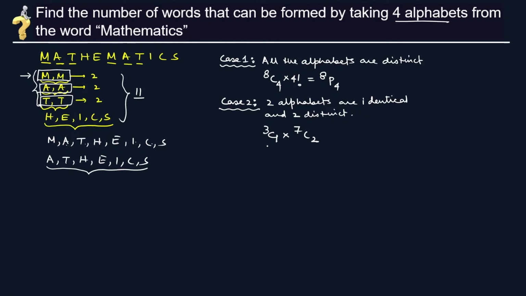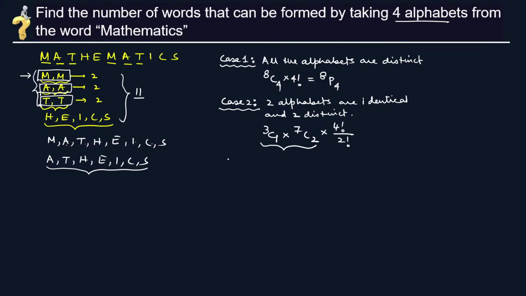In these 4 alphabets which you have selected, 2 are identical and 2 are distinct. Now you have to form the word. These 4 alphabets will arrange among themselves in factorial 4 different ways, but two alphabets are identical, so it has to be divided by factorial 2. Is this clear or not?